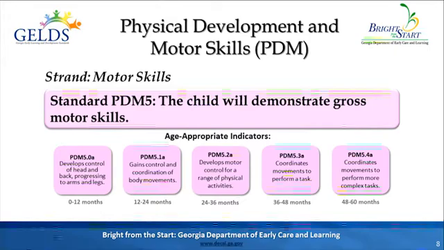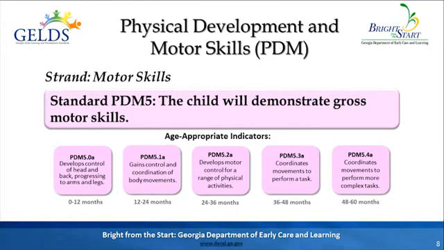Okay, moving along, let's go to our last strand in the physical development and motor skills domain, and that is our motor skills. Standard PDM 5 is the child will demonstrate gross motor skills. And I've put on this slide just to illustrate how the age-appropriate indicators work for the GELDS. You can see underneath you have your 5 age-appropriate indicators under the standard, one for each age grouping.